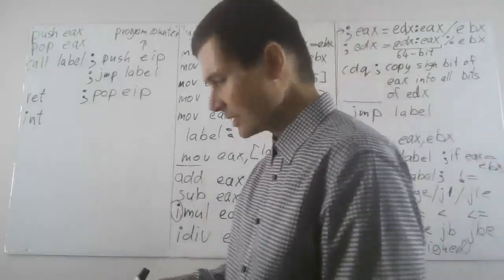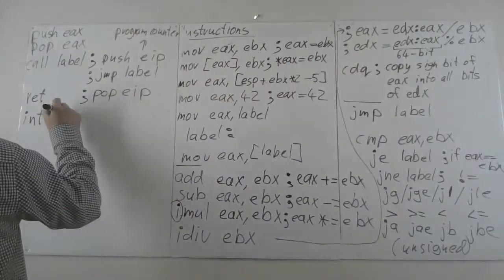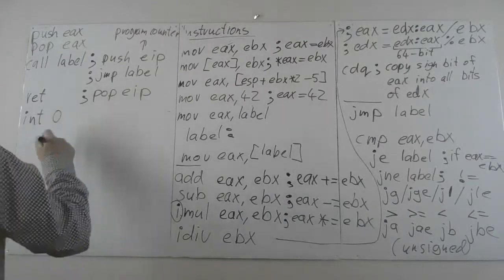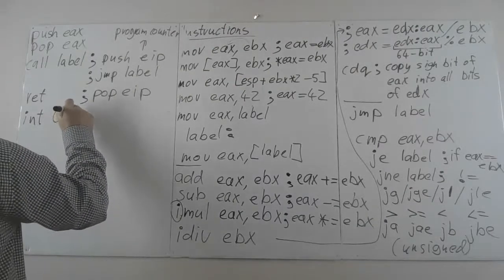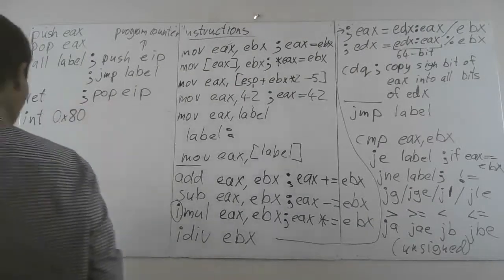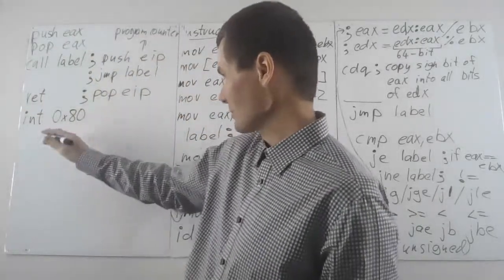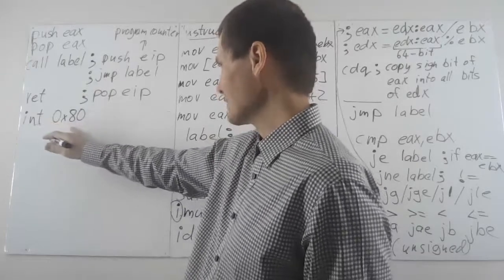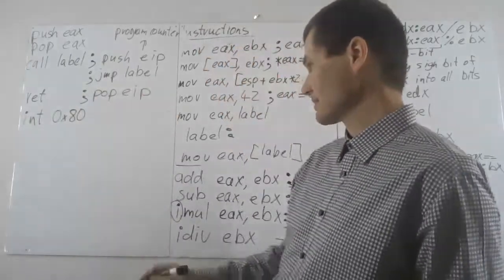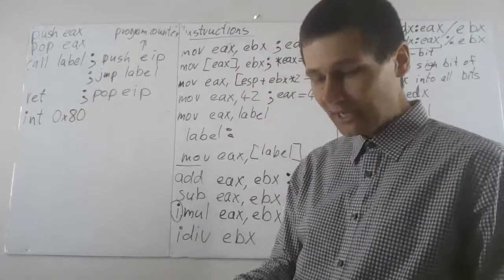And in this case, we're going to use this for a system call. The interrupt instruction takes an operand, and for us, that operand is always going to be 80 in hexadecimal. So the number 128, but we usually write it in hexadecimal, 0x80.